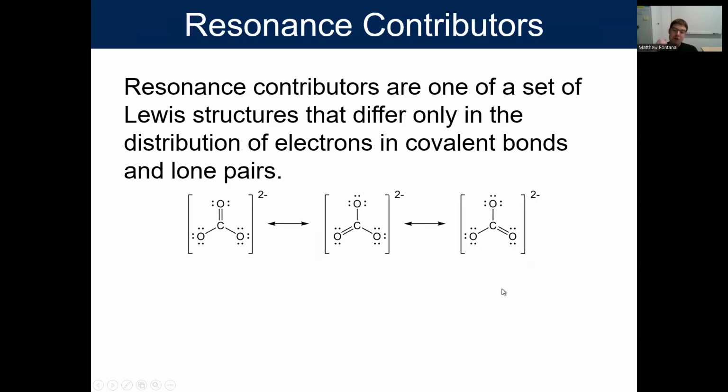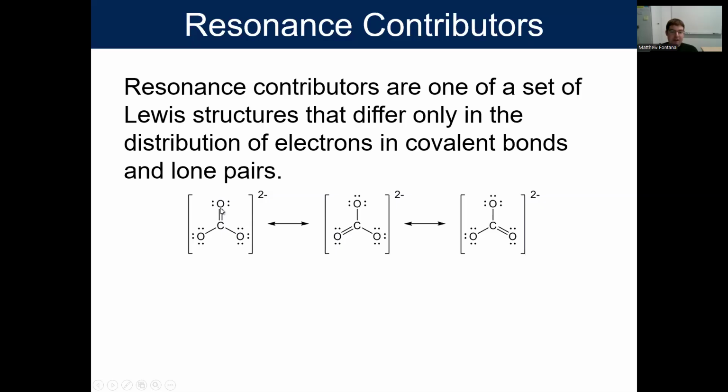And so another way of saying that is that resonance contributors are one of a set of Lewis structures that differ only in the distribution of electrons in covalent bonds and lone pairs. So for example, if we have CO3 2 minus, you'll notice that you could have a single bond and a double bond.